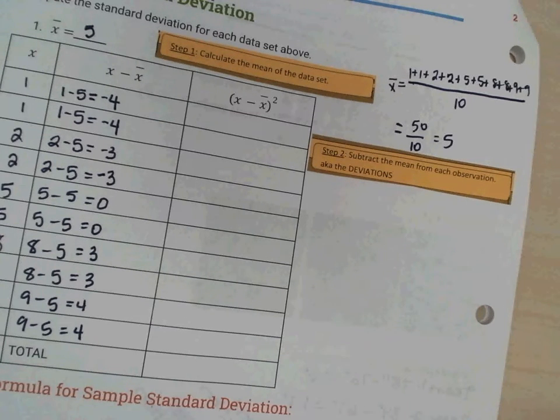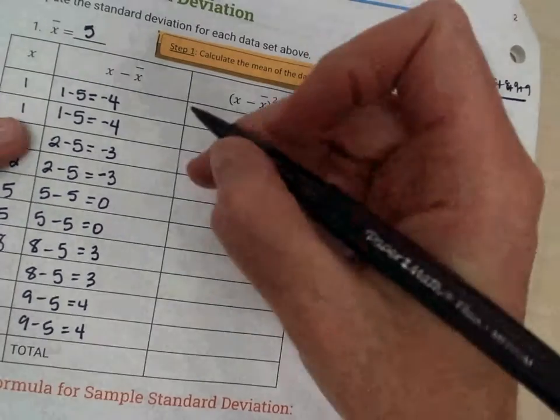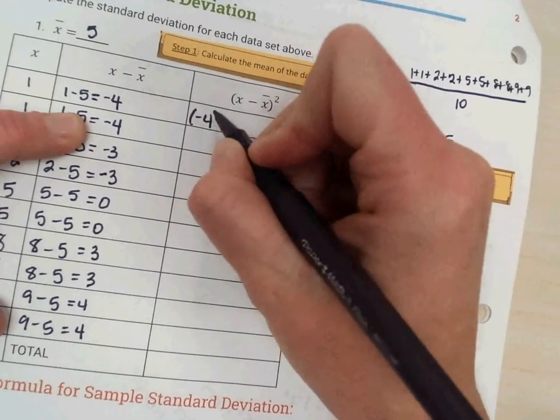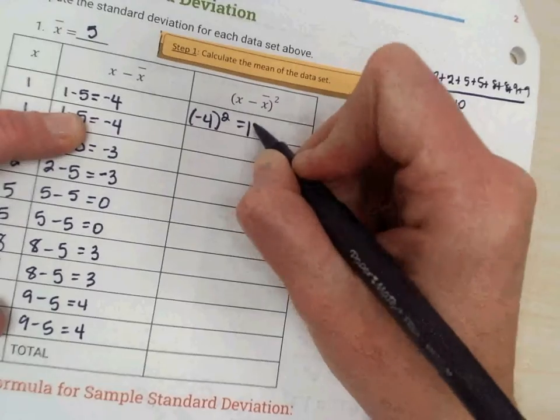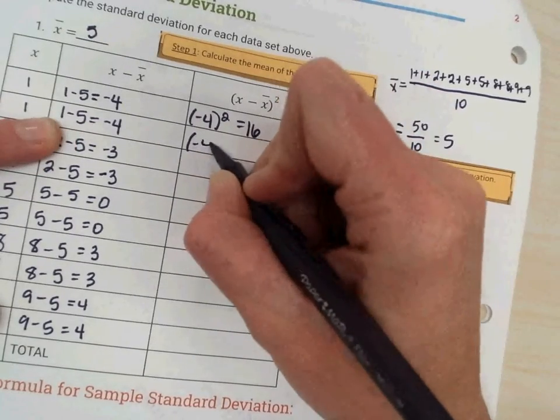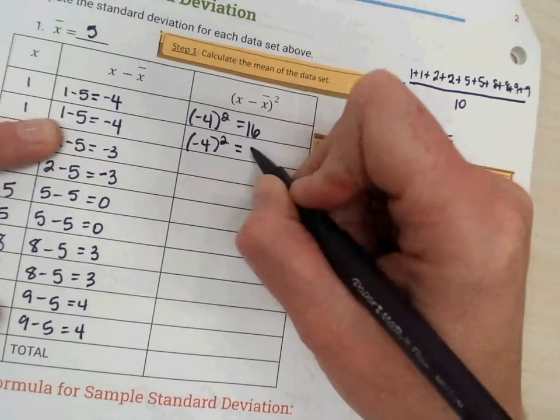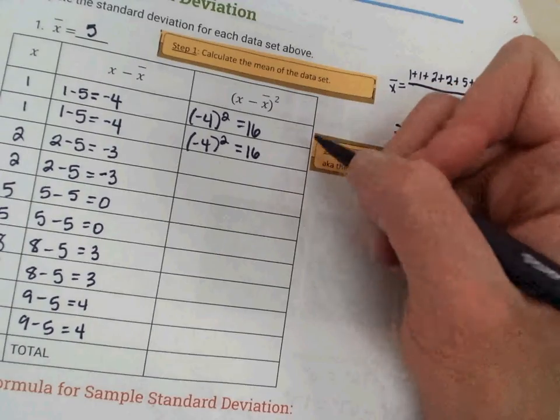So it's a data set collected from a larger collection of the population. Next step is to just square all the deviations. So we're going to take each of these answers and square them. So negative 4 squared is 16. Don't forget to use parentheses around negative numbers when you're calculating this.